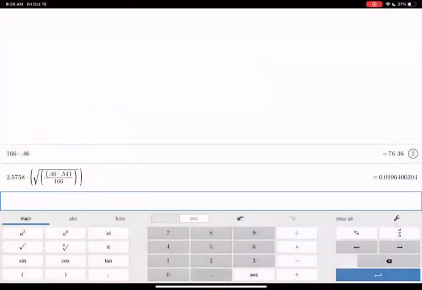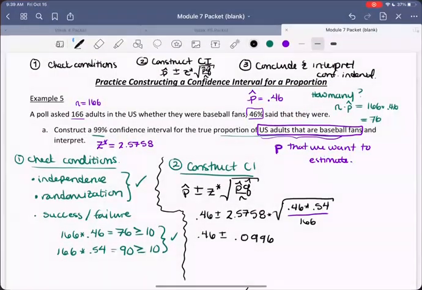So my lower bound will be 0.46 minus 0.0096. So that will be, oops, good catch, everyone. I had an extra zero there. It's 0.0996. So my lower bound is going to be 0.3604. So we'll copy that down.